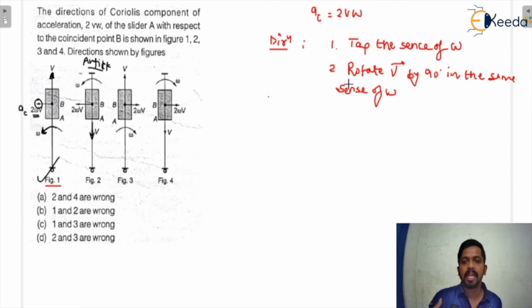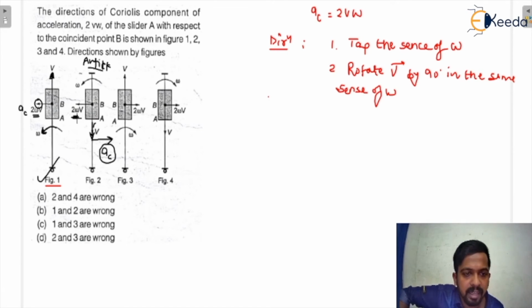Rotate the v vector by 90 degrees in the same sense of omega, that means in the anti-clockwise direction. If we rotate it, it would be here. Yes or no? It would be here. That means the direction of Coriolis acceleration is here, but in the question the direction is given in that direction.